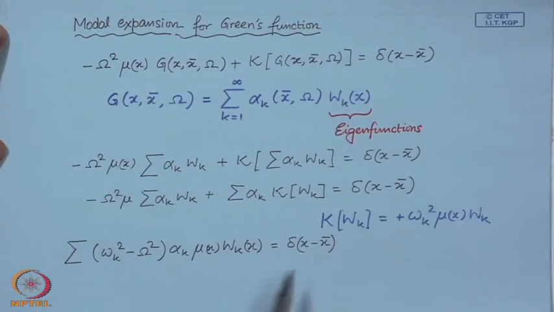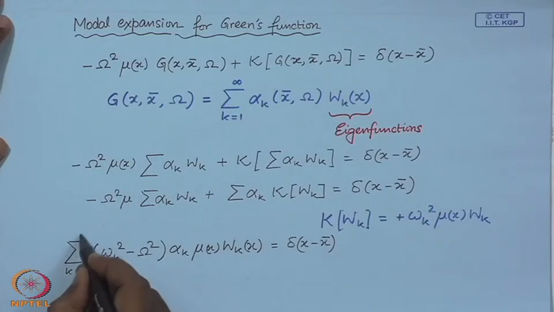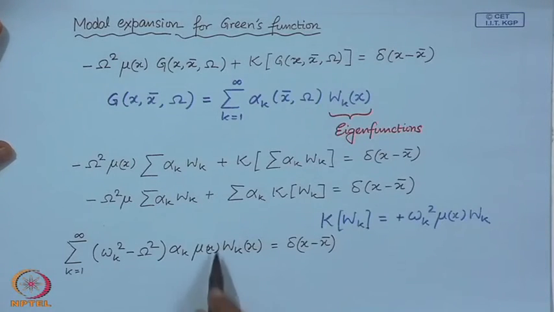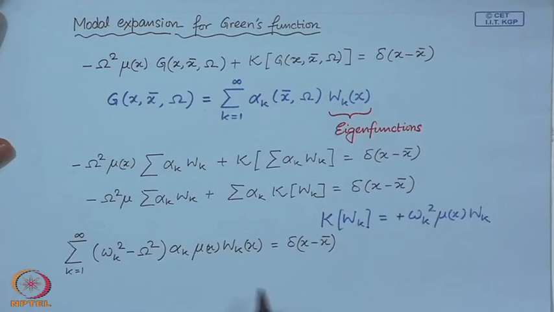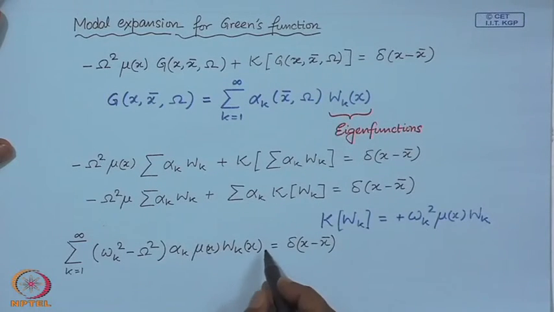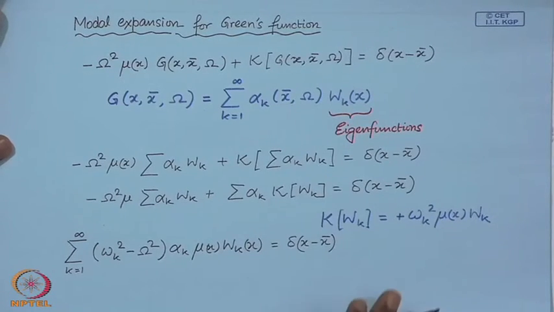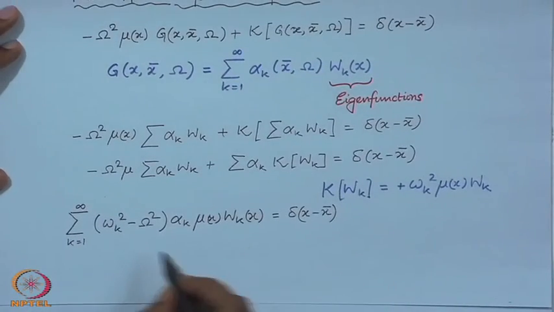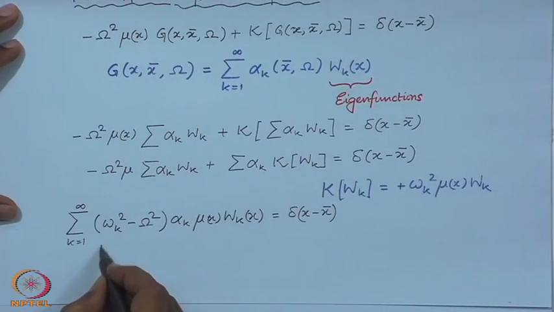now to solve this equation for the unknown alpha k, we use the orthogonality property of eigenfunctions, which means I take the inner product with W j on both sides, and using the orthogonality, it filters out the jth term of this expansion.